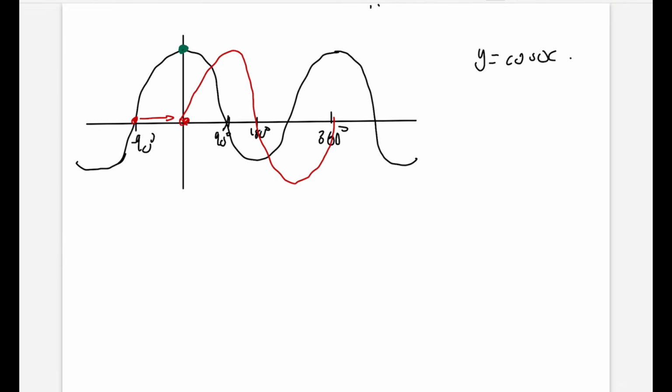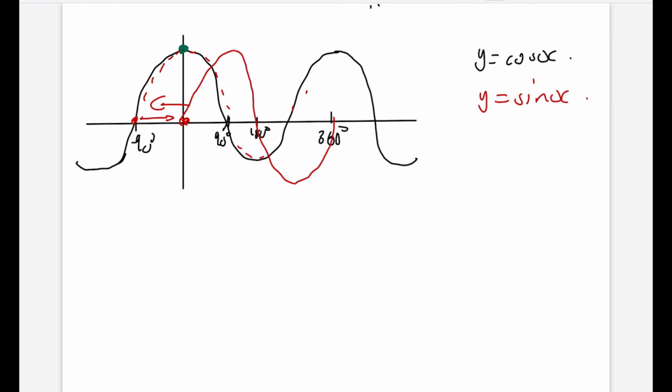Okay. And what would happen if we shifted this red graph 90 degrees to the left? So that red graph, let me write its equation here. Y is equal to sine x. What if we shifted that red graph 90 degrees to the left? Okay, then it comes back to look like this.